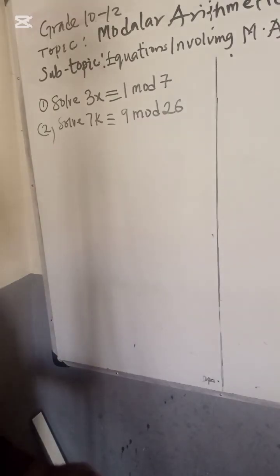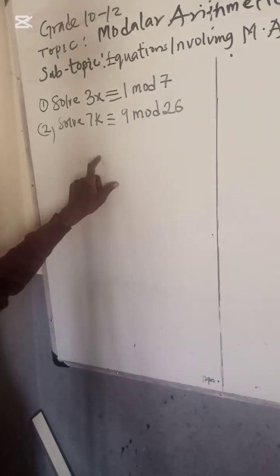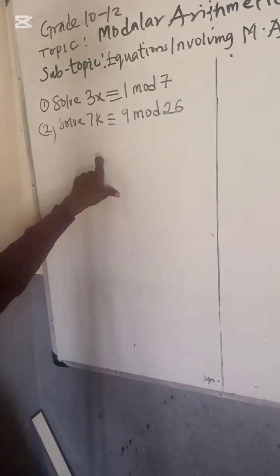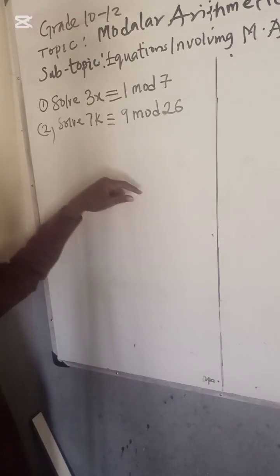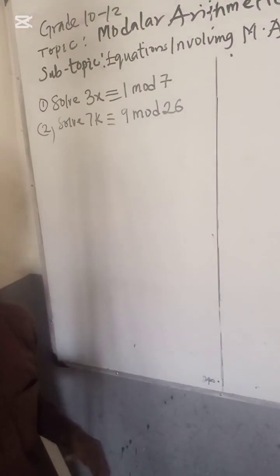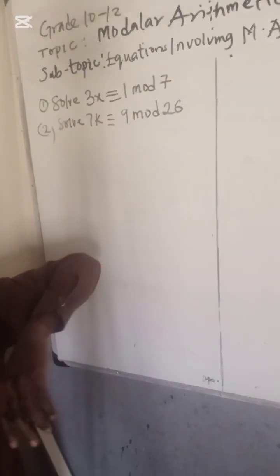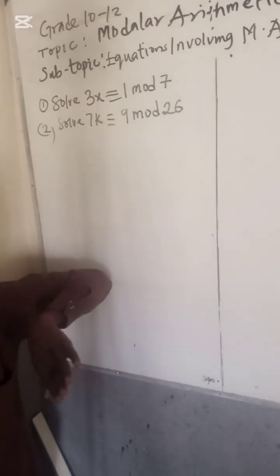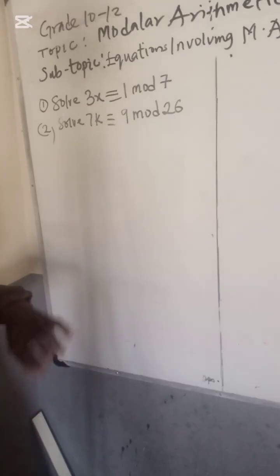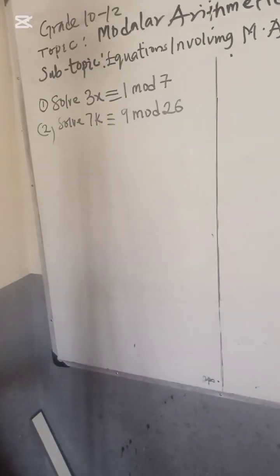The good thing here is that if you've been following this page or channel on YouTube, page on Facebook, by now I believe you've mastered division, addition, subtraction, and multiplication involving modular arithmetic. So getting to the equation, there's no cause for alarm. I know you've mastered all that is required to solve equations involving modular arithmetic.